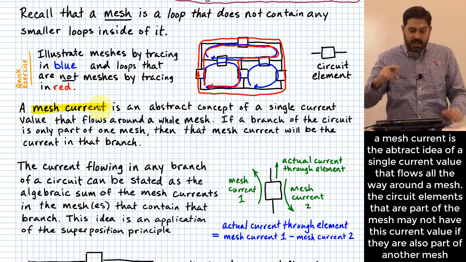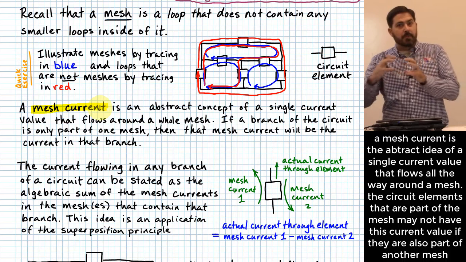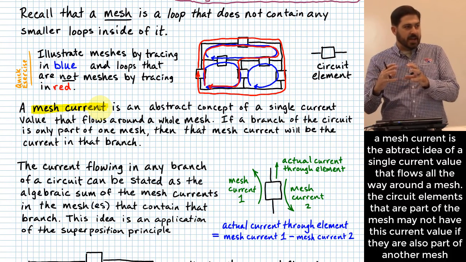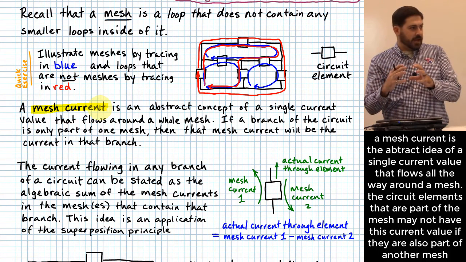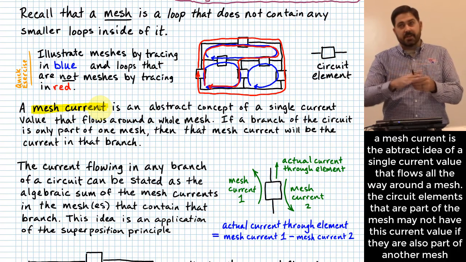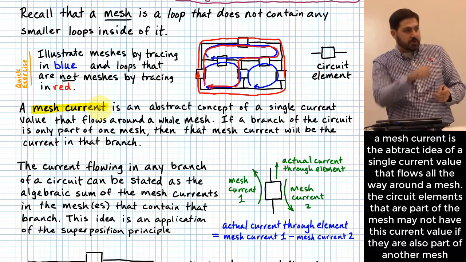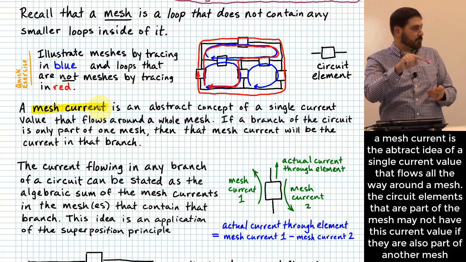Now, if you look at any of the conductors that form the mesh, they may not have that current in them, but we can identify this as being the overall current that goes around a mesh.